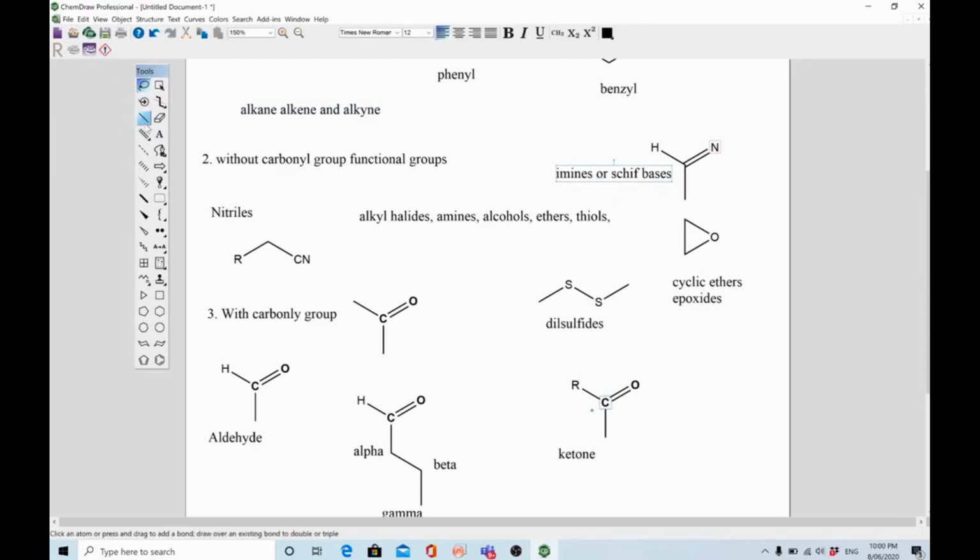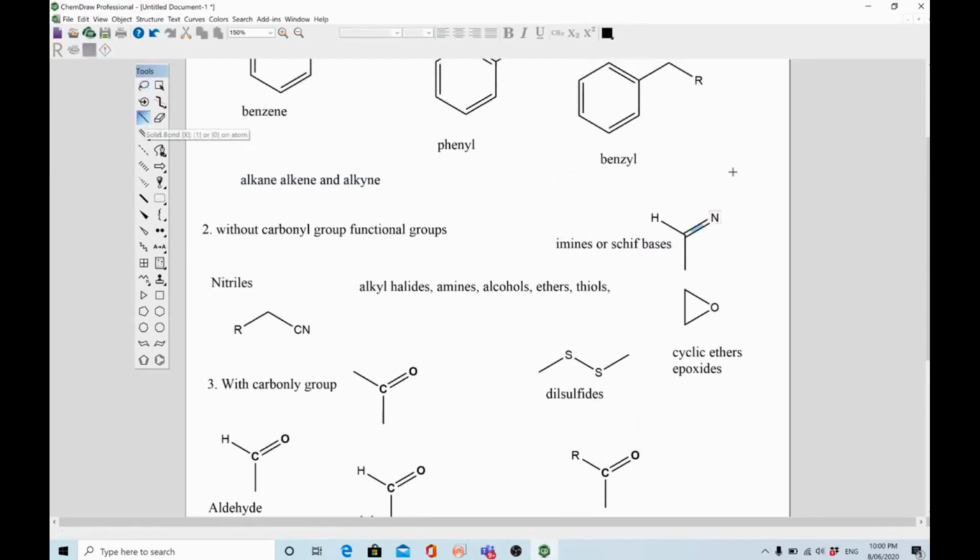Then there are nitro compounds. They contain nitro groups, and there are alkyl nitro compounds. These are also functional groups which do not contain a carbonyl group.